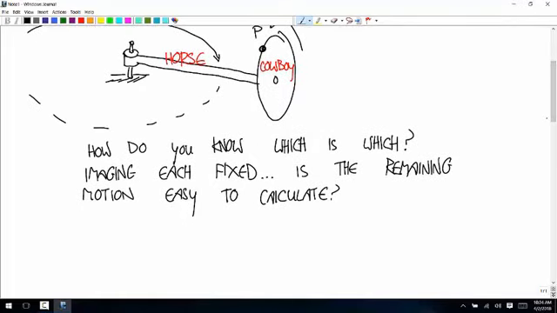Most of the time, or at least a lot of the time, these two simple motions are going to be circular motions. I guess they could be spherical too. Well, let's say circular.